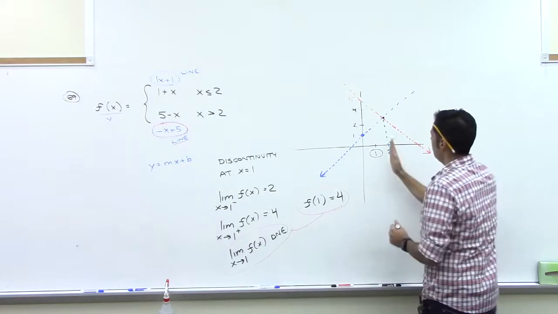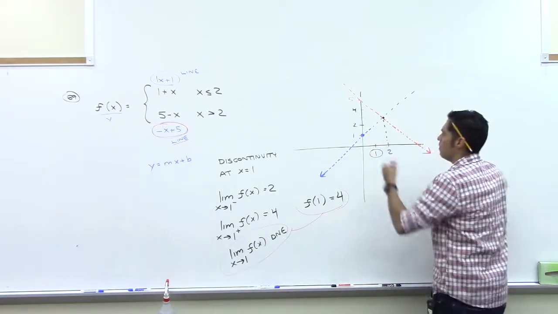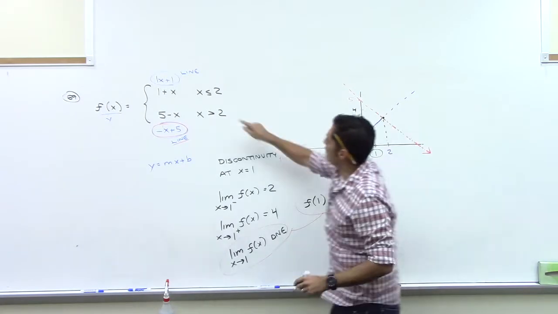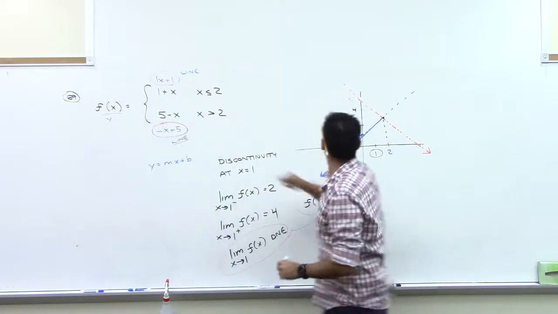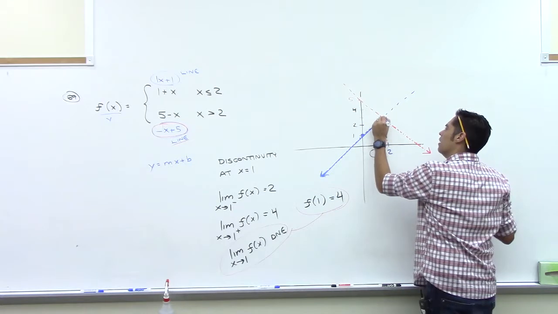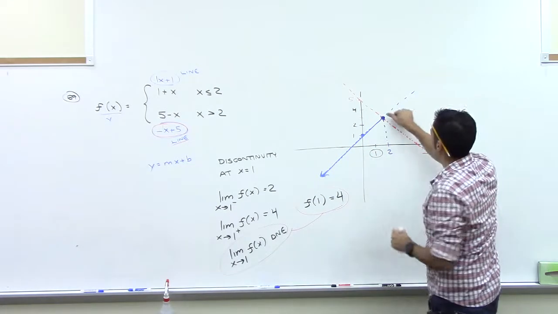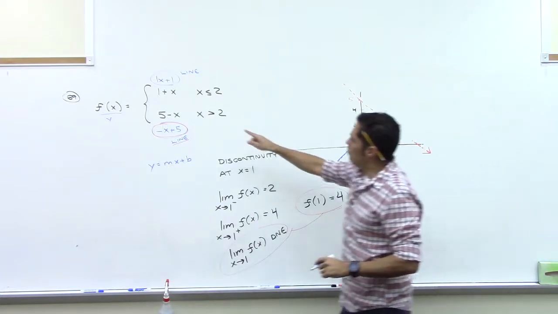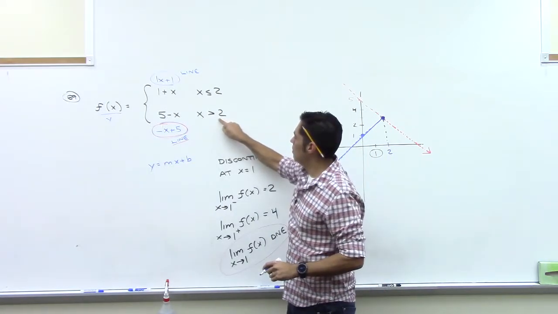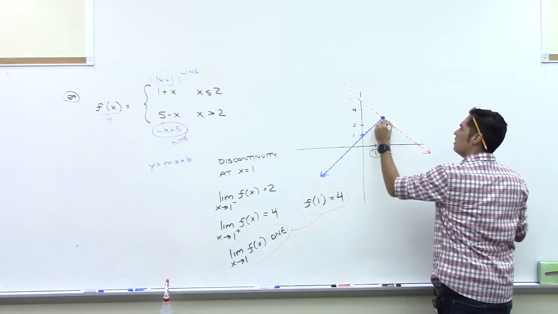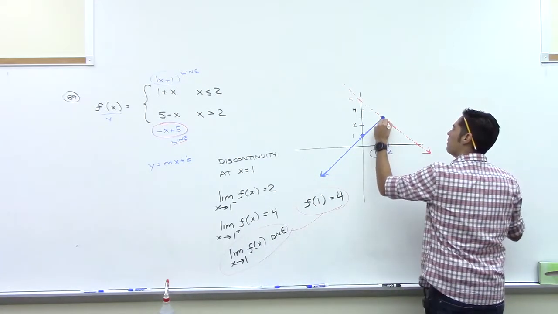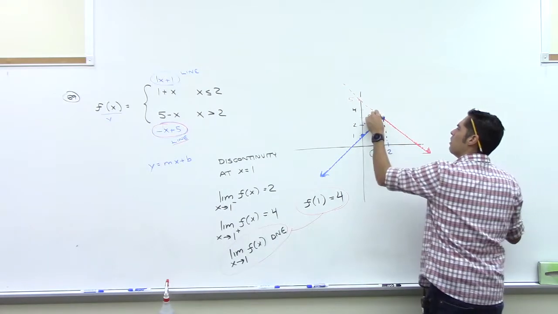So here's 2, to the left of 2, so I want to make this solid. And I want the dot there because of the equals, I want this dot to be included. And then the blue part over here can be erased. Then for the red one, I want to be to the right of 2, so this side. So I'm going to make that solid over here. And I'm going to erase this part.